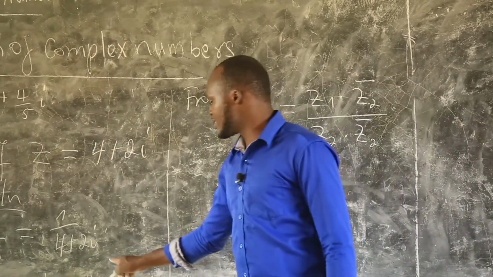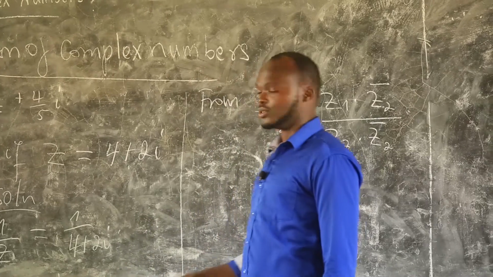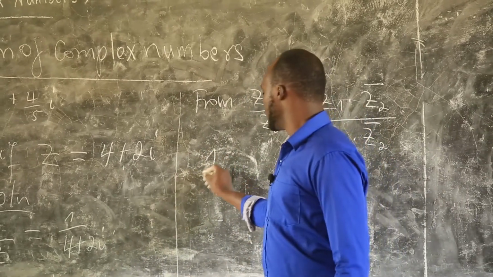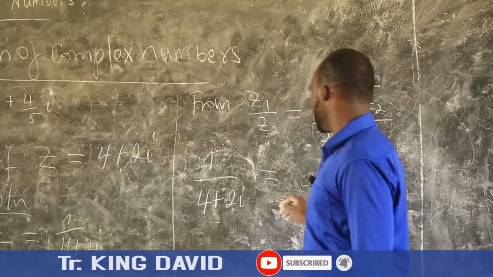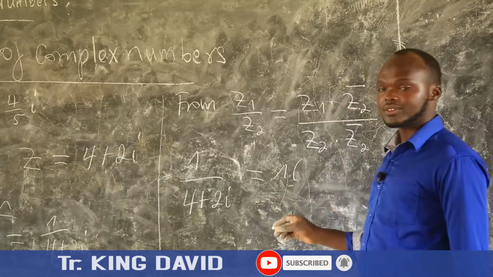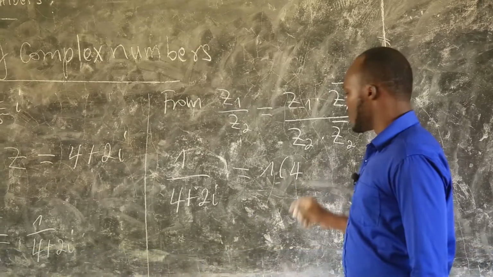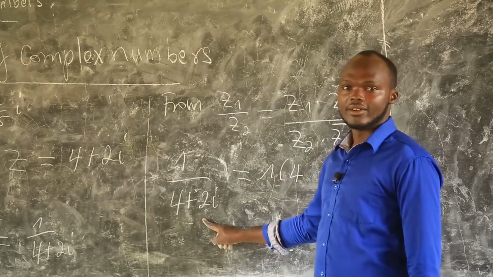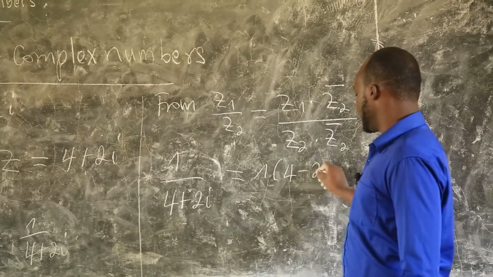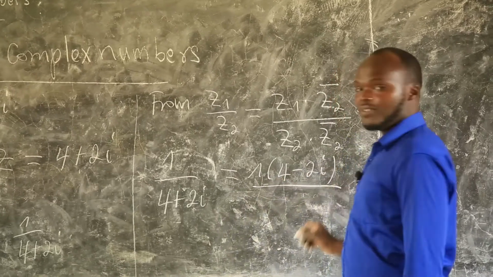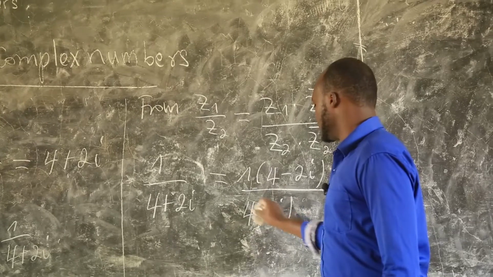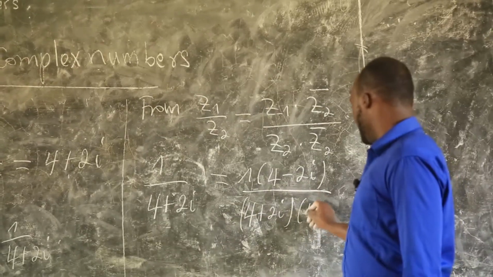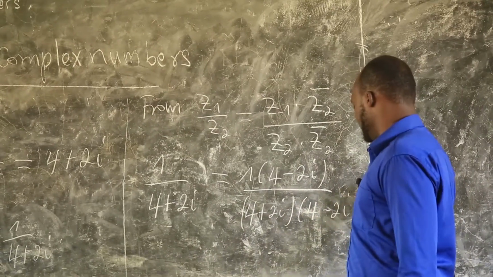So our denominator here is 4 + 2i. So now 1 over 4 + 2i, the answer is 1 into bracket, the conjugate of 4 + 2i, which is 4 - 2i, then divide by (4 + 2i) into bracket (4 - 2i).